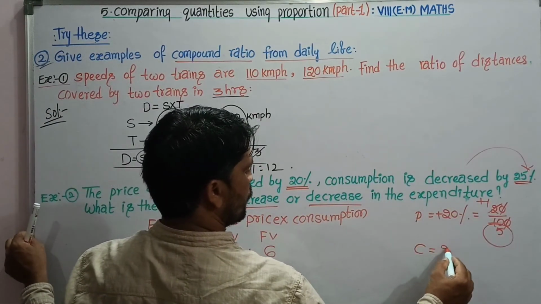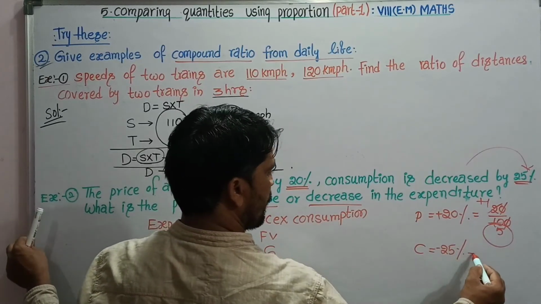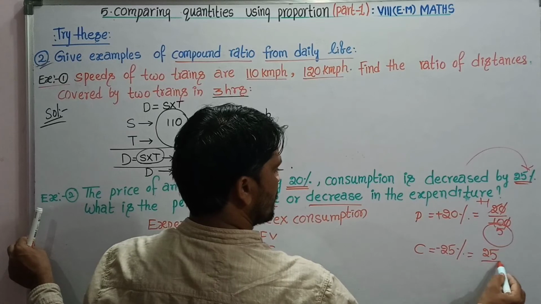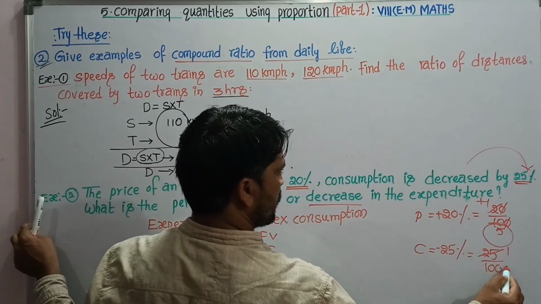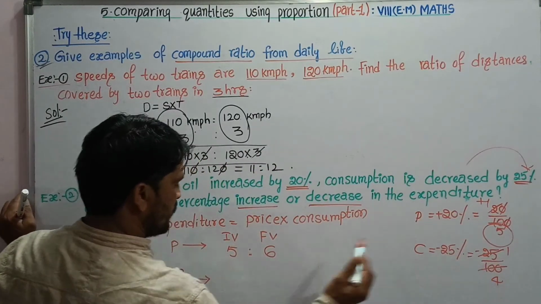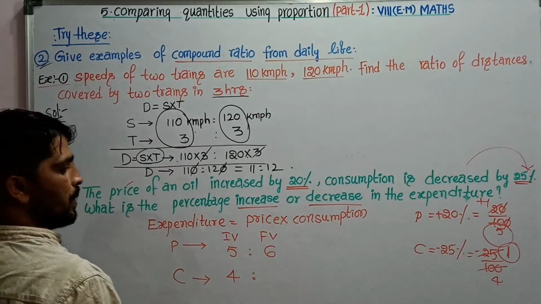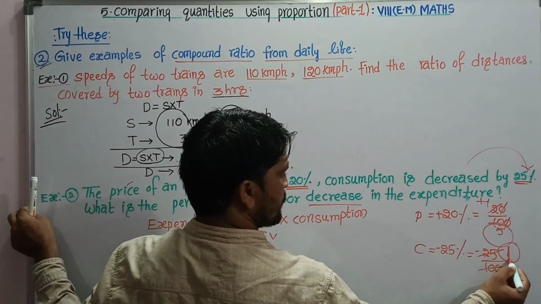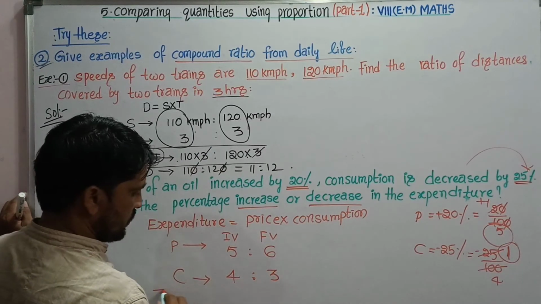So consumption is 25%. Since it is decreased, we use the negative symbol. Remove the percentage symbol, we get 100 at the denominator, 25 ones, 25 fours. If initial consumption is 4 kgs, due to the increase in price, consumption decreases by 1 unit and final consumption is 3 kgs.